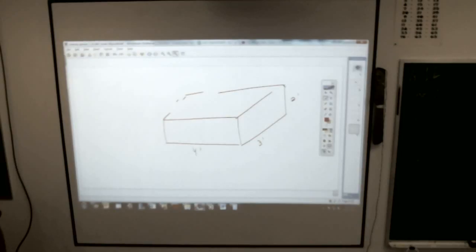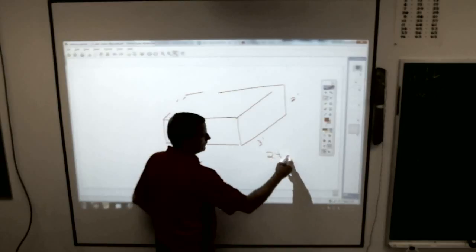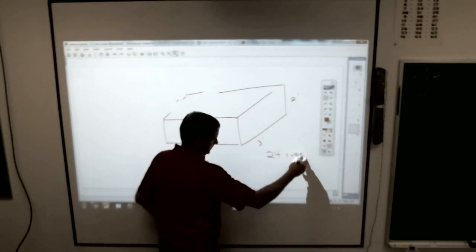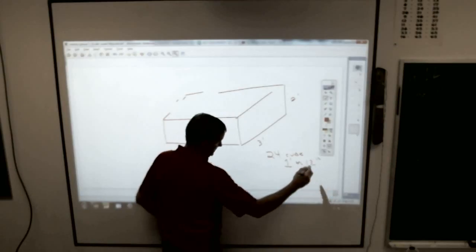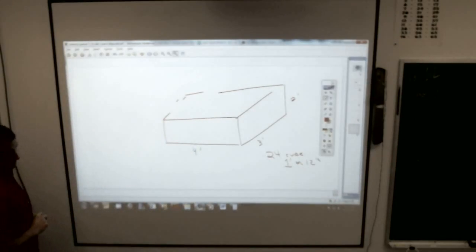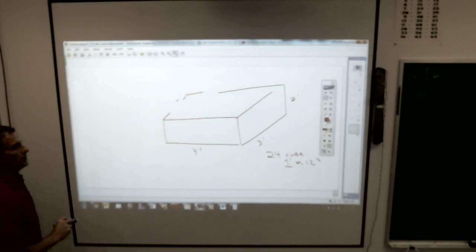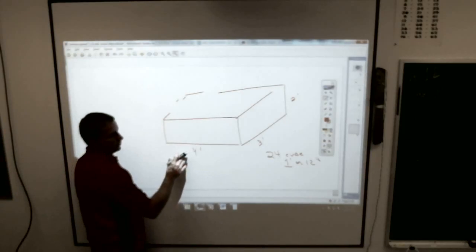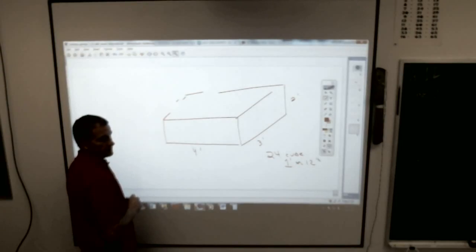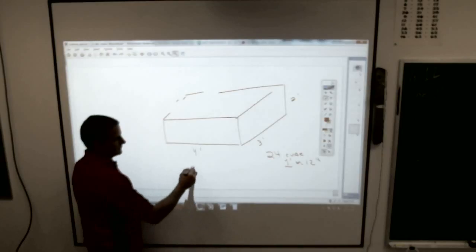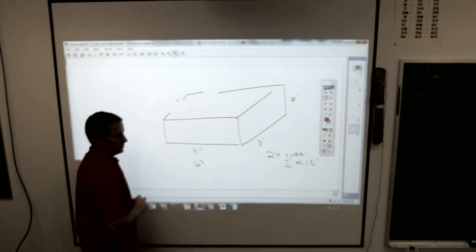This will hold 24 cubes, right? 24 cubes that are, well, it's 1 foot, or you could call it 12 inches on the side. The question asks you how many if they were just 6-inch cubes instead of a foot. Six-inch cubes.